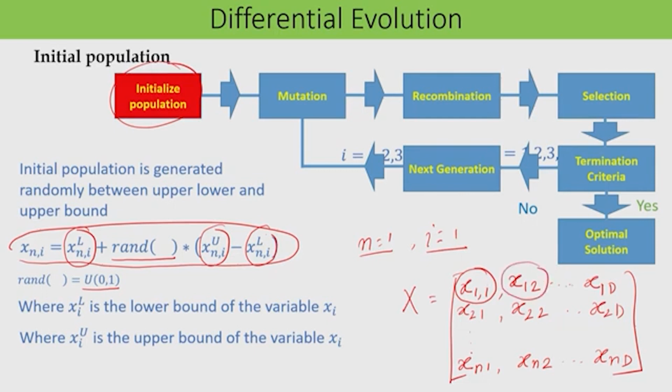Like that, I will generate all these values randomly. Once I generate for all n up to N, I will get the total population. As I said, x_i^l is the lower bound of the variable x_i, and similarly x_i^u is the upper bound of the variable x_i.